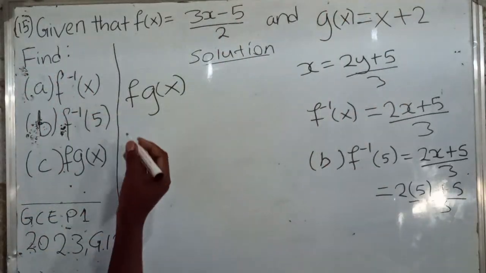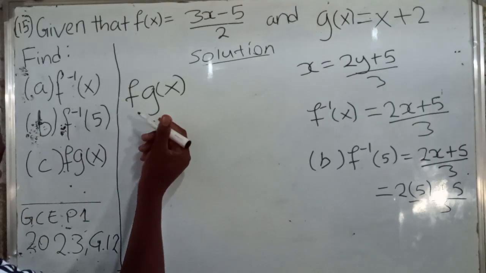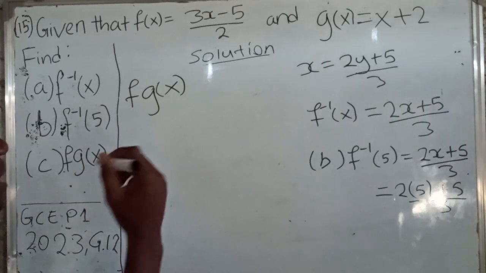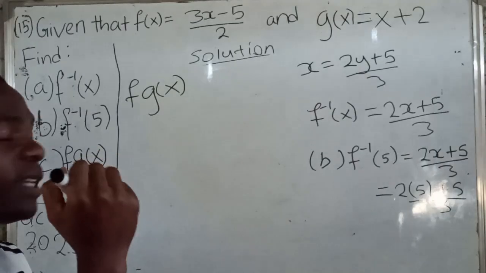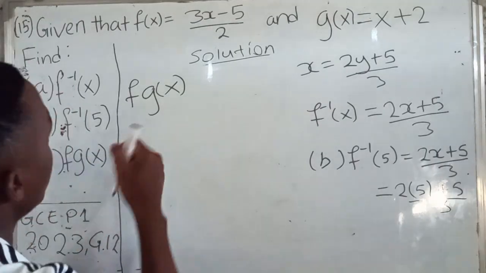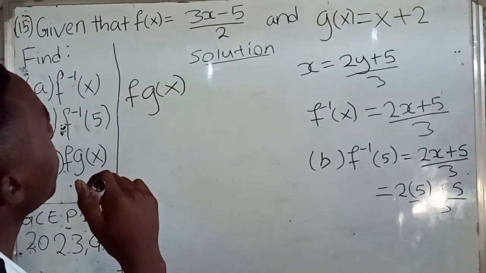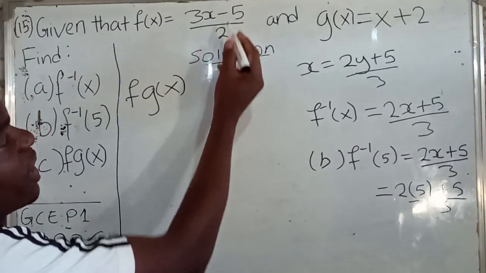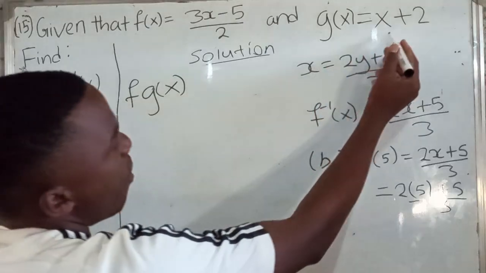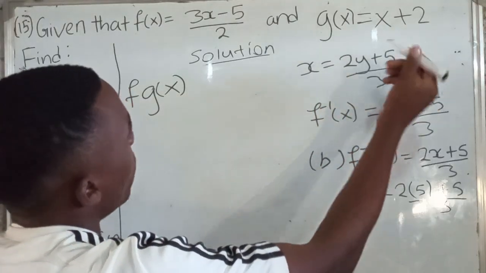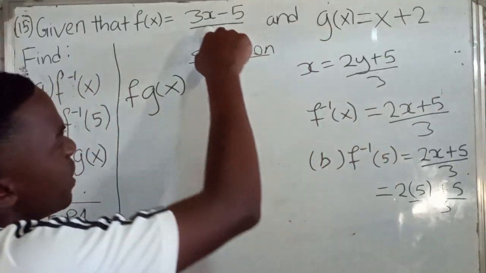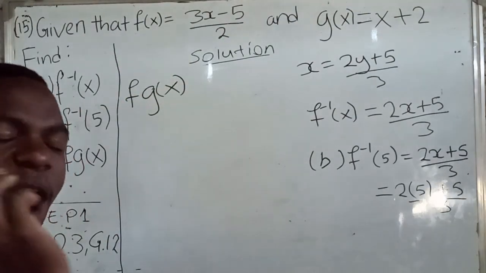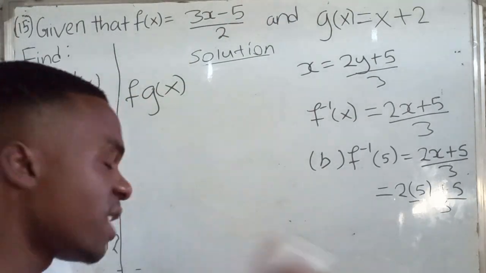So you can see that f of g, f is at the beginning and g is the second letter. So this is telling us that f of x, this function will swallow g of x. So this function will be swallowed into this function. So how is that swallowing going to be done?